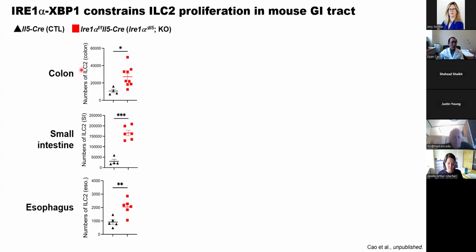To answer those questions, I generated mice with a conditional knockout of IRE1 alpha in ILC2s. First, I looked at the cell numbers of ILC2s in 3 parts of the GI tract: colon, small bowel, and esophagus. Here you can see the number of ILC2s increased in all 3 parts of the GI tract in the knockout mice.